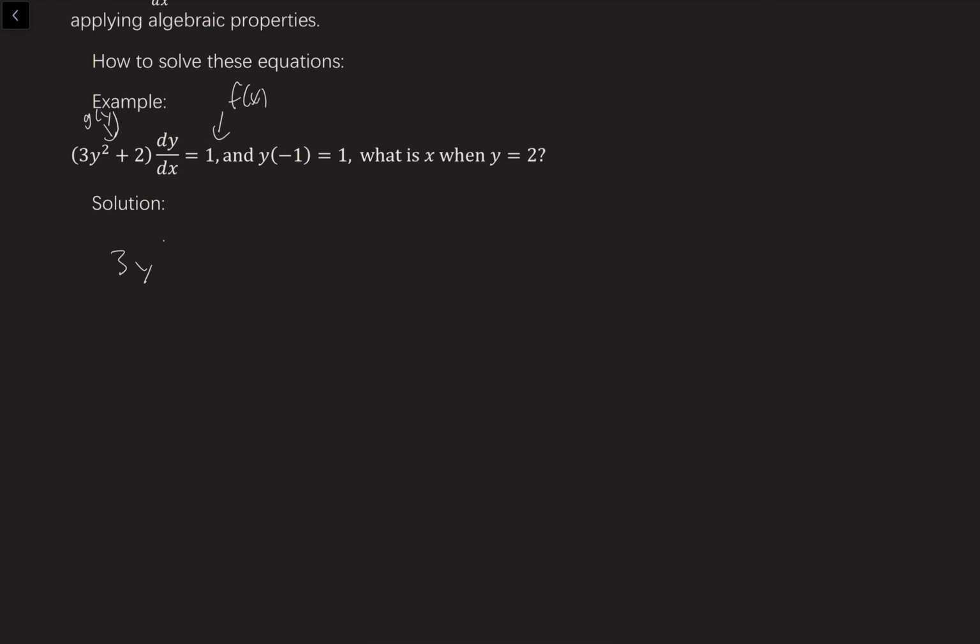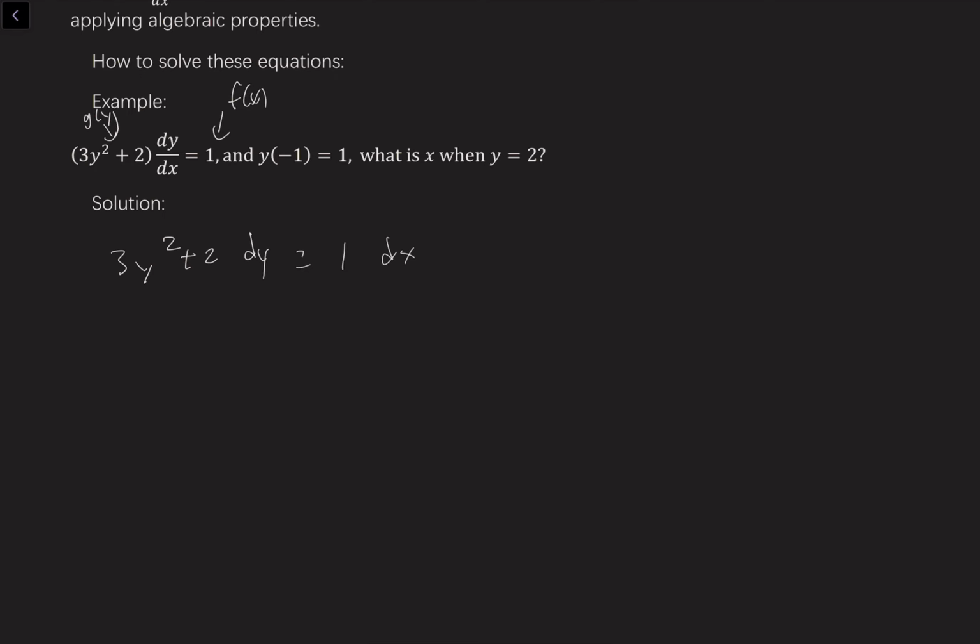So it's 3y squared plus 2, dy/dx. What we want to do is multiply both sides by dx. It's not a mathematically rigorous way to do this, but for this class, it's totally okay to move dy and dx apart. So we've got dy and dx.